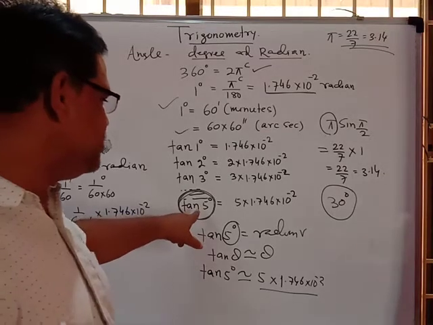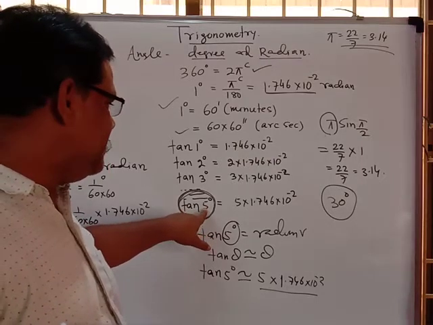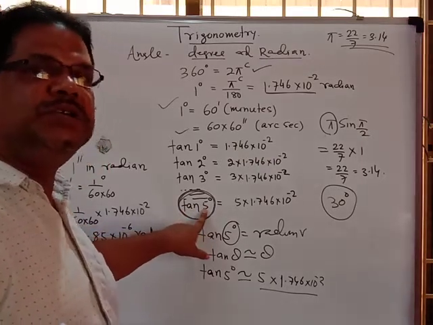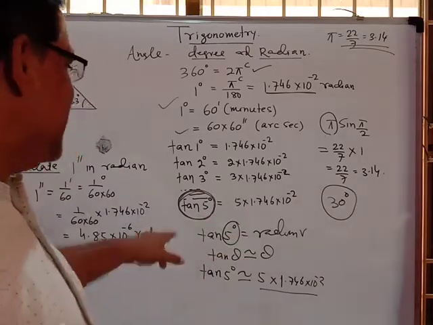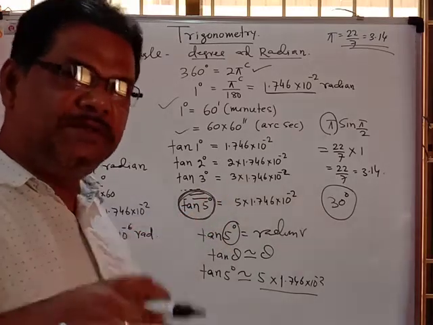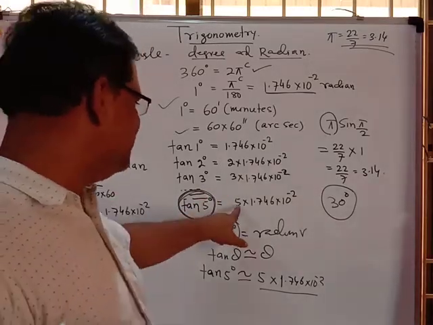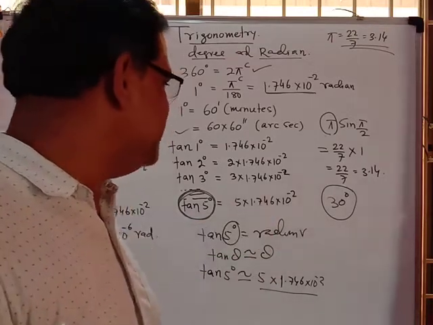If the angle is very small, suppose 5 degree, again I am repeating, it will be converted into its radian value, and that is equal to the tan value.